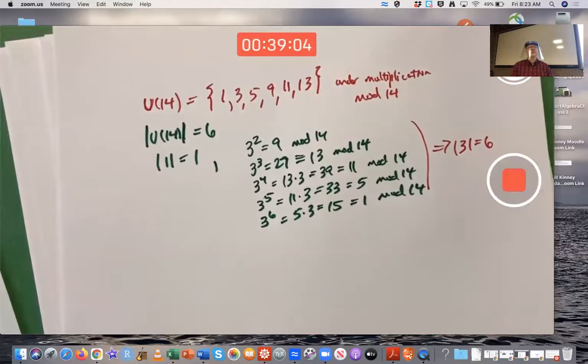In fact, because of that, we say that 3 generates the whole group. The elements of the group that you can get by forming powers of 3 include all the elements in the group.